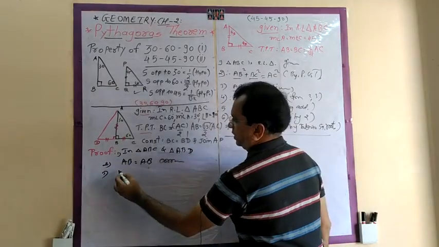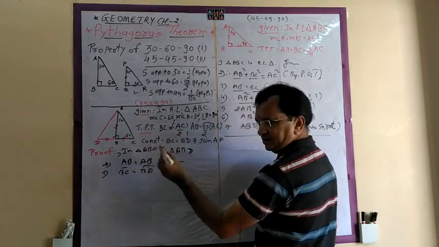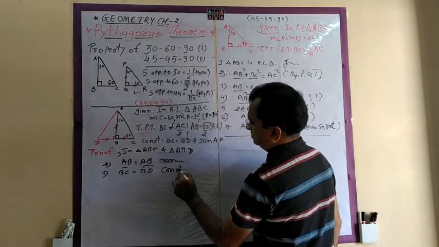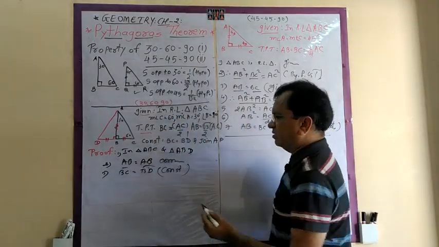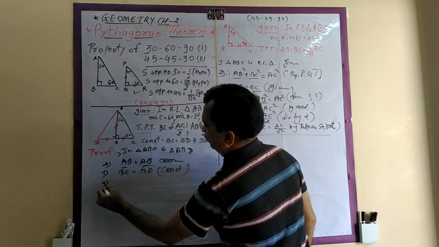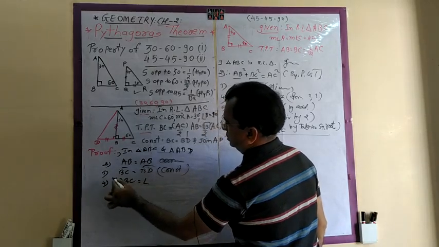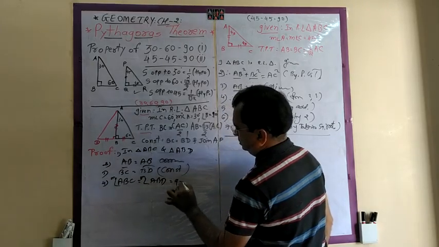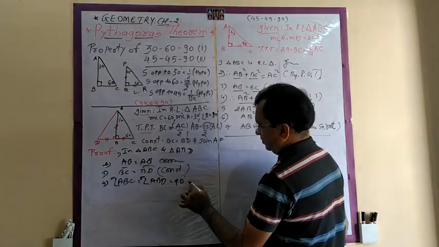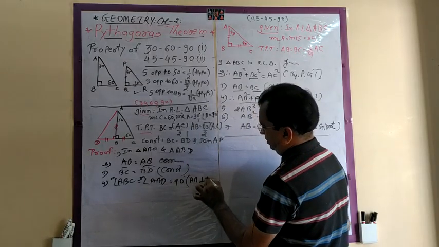Third, BC is equal to BD, that is construction. Equal we have constructed, and AB, it is common. And fourth, you can say angle ABC is equal to angle ABD is equal to 90, because AB perpendicular to DC.